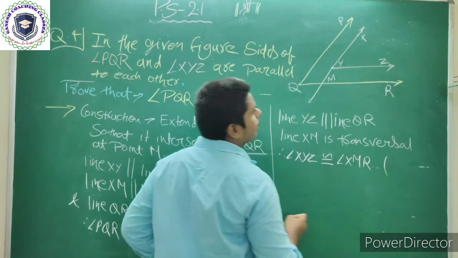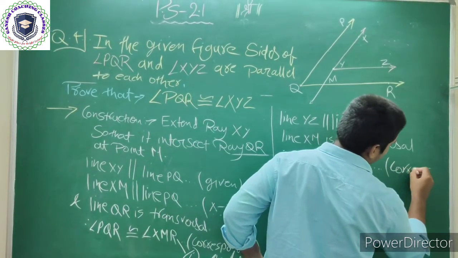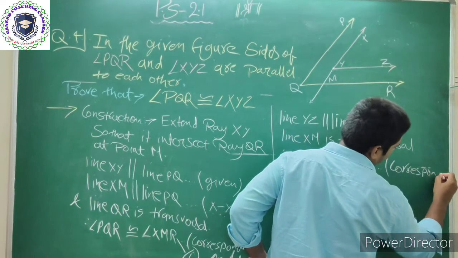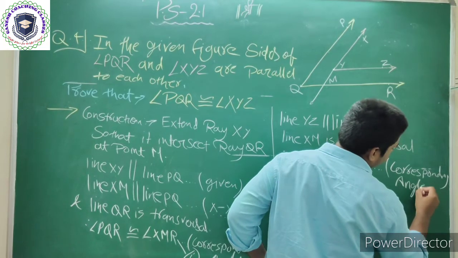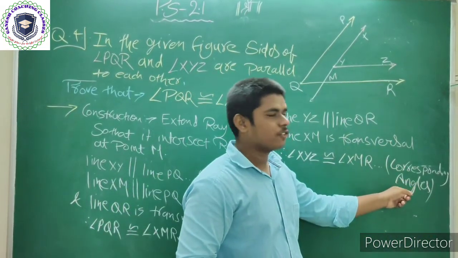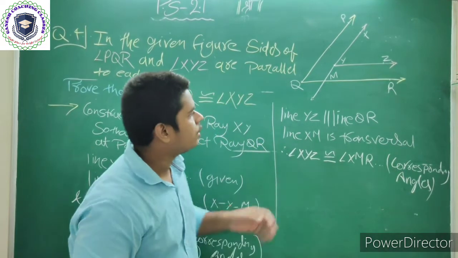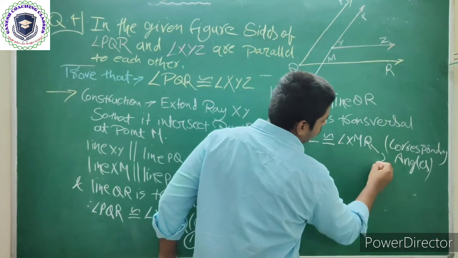What is the reason? We have to write here corresponding angles. If we write corresponding angles or corresponding angles theorem, both are right. So we take this as equation 2.